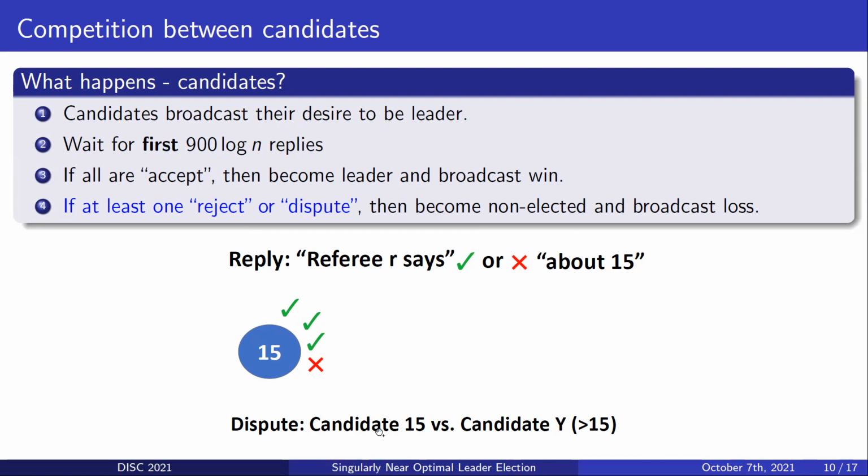But for now, it's a special message that's been generated by some other referee that basically says candidate 15, the candidate's ID, versus some other candidate with a higher ID. What this implies is that there's another candidate with a higher ID that wants to become the leader. And so before these first 900 log n replies come, if this candidate hears about a dispute, it gives up its candidacy and it'll let that guy win.